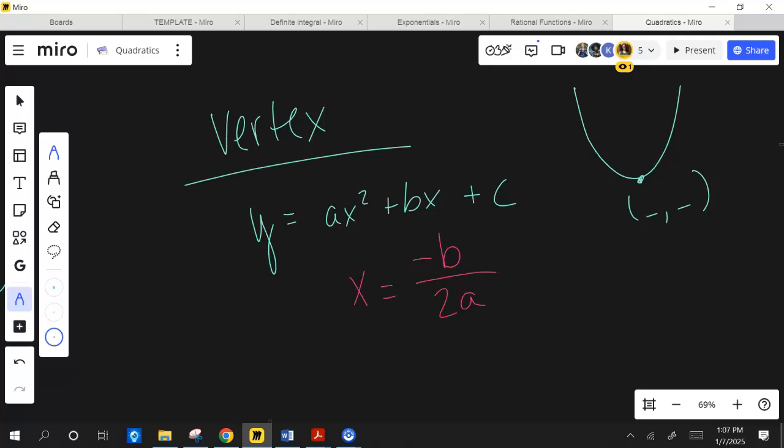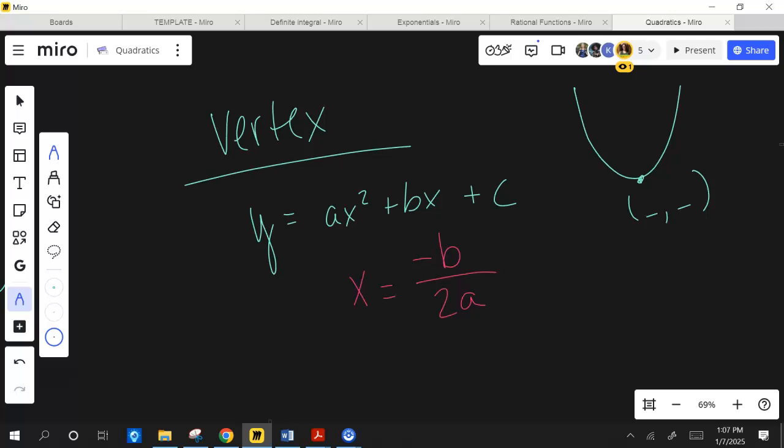Now this is giving me the x part of my vertex. And the x part of my vertex is really important because it's also my what? Yes, it's the axis of symmetry.